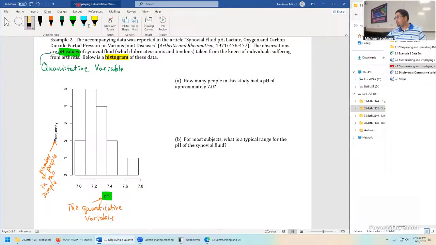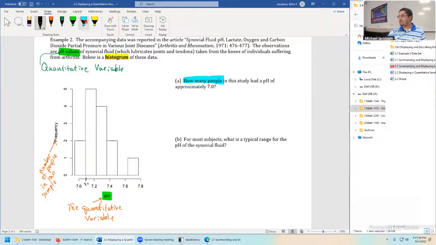Okay, the question here, let's highlight this one just to get a good read on this histogram. How many people in this study had a pH of approximately 7? Again, that's hard to say because when I look at this, the height is 2. So there's 2 people from just below 7, maybe 6.8 or 6.7, all the way up to 7.1. Let's put that tick number there just for emphasis.